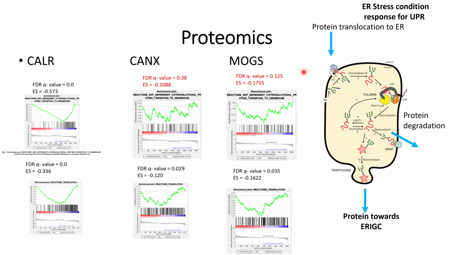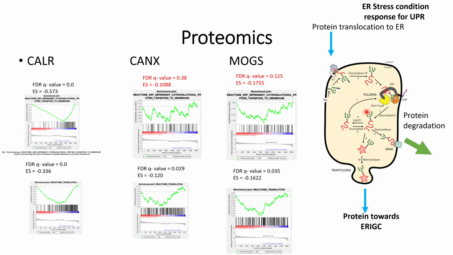So how these ER stress conditions work is that in the normal case, if the protein does not acquire its native structure, it will go towards degradation. If the protein acquires its native structure, it will go towards ERGIC, and this is the protein translocation, that is, the signal recognition particle that will direct the proteins towards the endoplasmic reticulum. So what happens in ER stress condition?